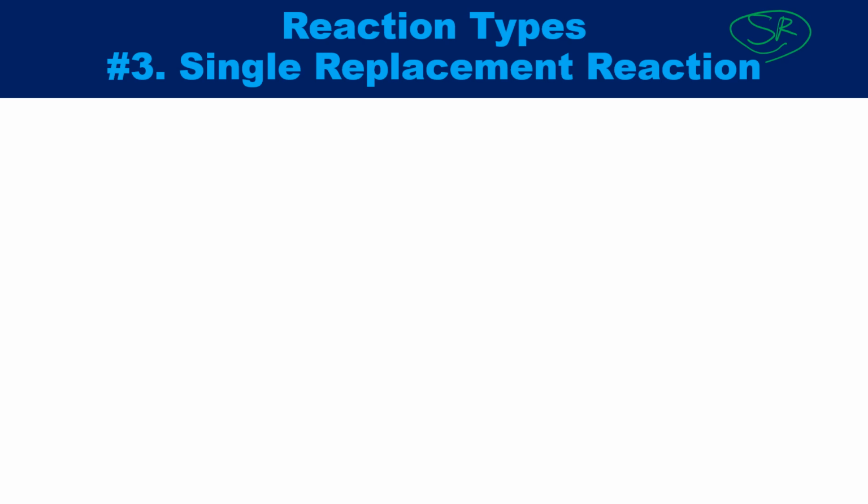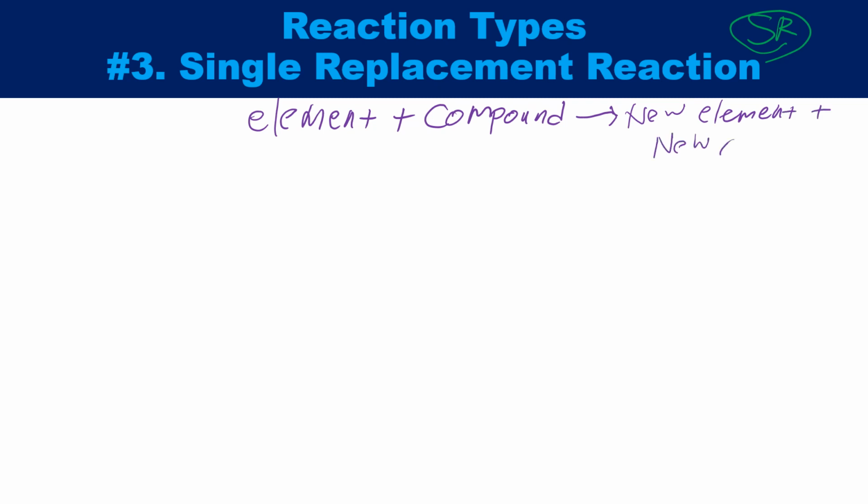It really depends on what chemical you're using, but long story short, the generic way is you have an element, and you're mixing that element with a compound. If we mix an element and a compound, one of the chemicals that is used to make the compound actually switches its position. So you have a new element and a new compound.